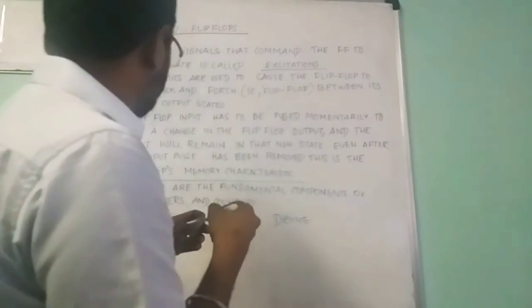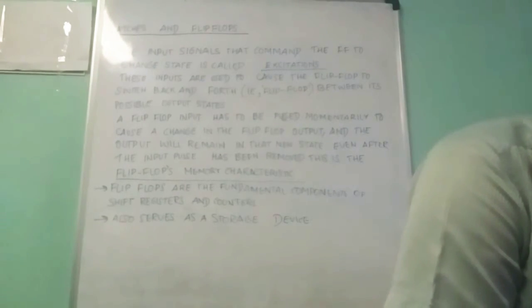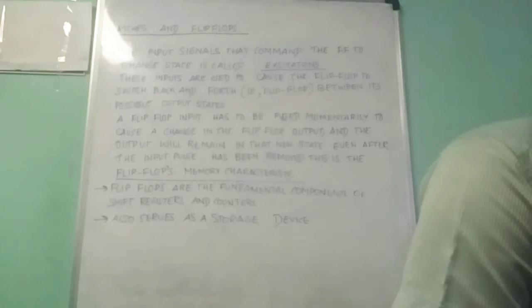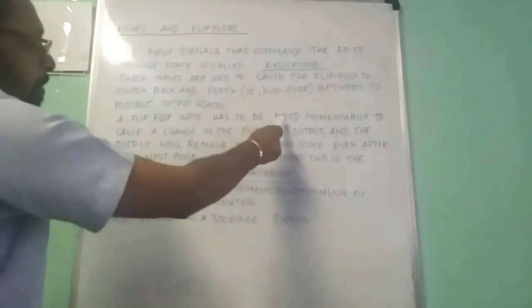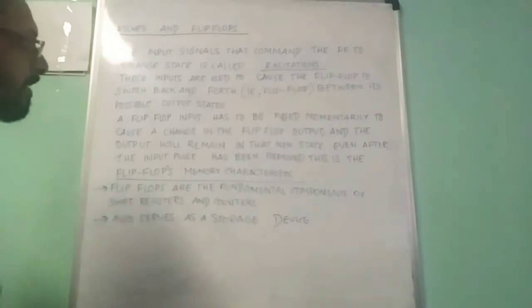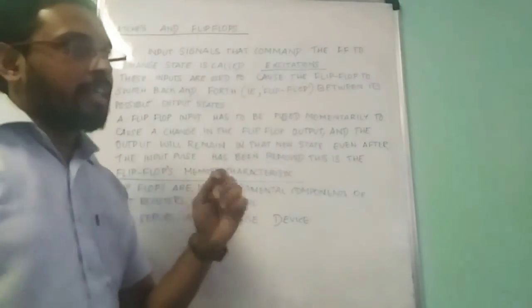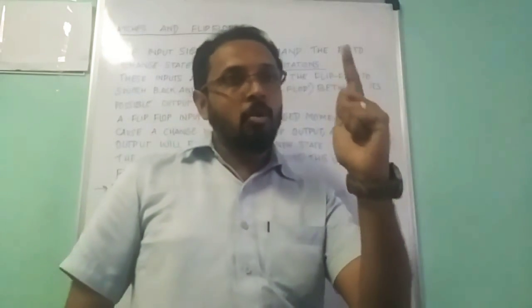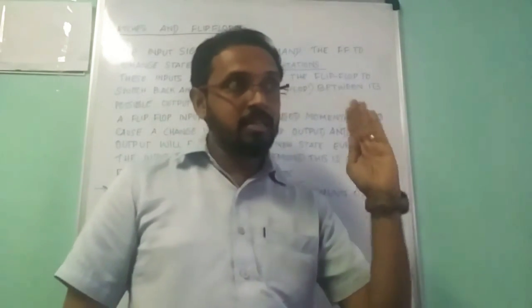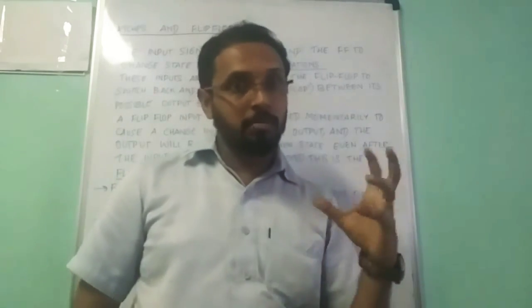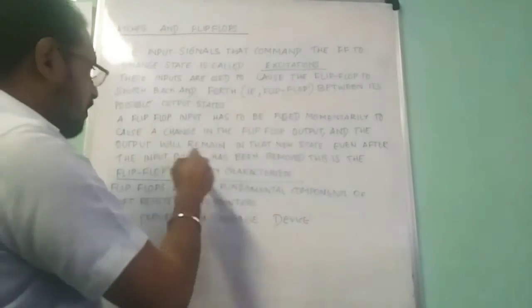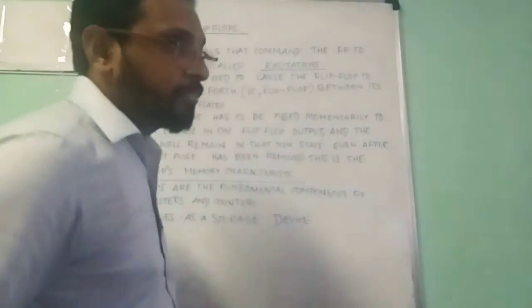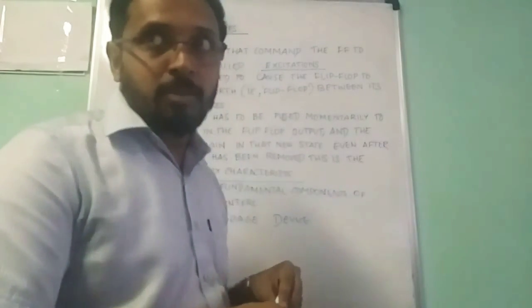A flip-flop input has to be pulsed momentarily to cause a change in the flip-flop output. That is, if a particular flip-flop output is in 1 state and it gets an input pulse, the specialty is that even after the input pulse is removed, I will give you the explanation when we draw the figure.